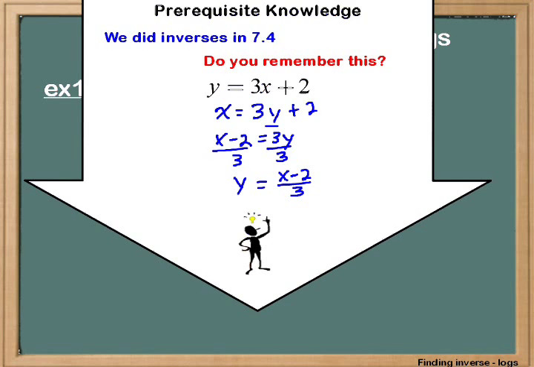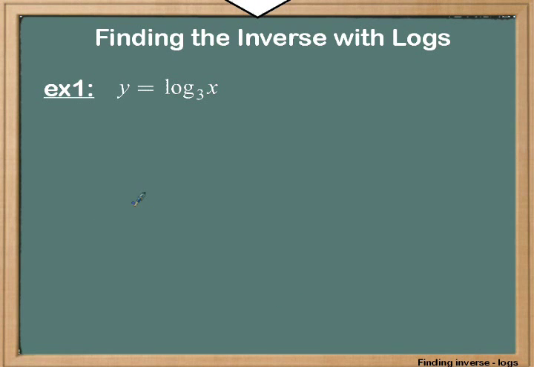Now, what would we do here if we had, in example 1, y equals log base 3 of x? We would have to take this and write it so that it's x equals log base 3 of y. Now, since we have to get y by itself, something really tricky here. I'm going to rearrange this so that log base 3 of y equals x.